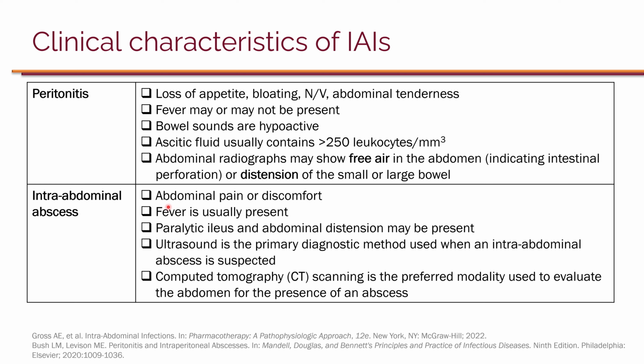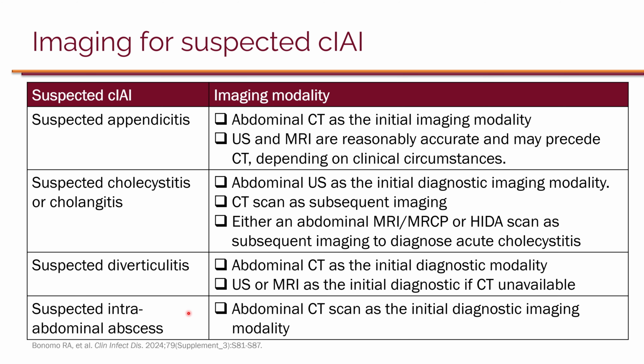But regardless, abdominal pain is pretty much what leads patients to seek help. Now, fever is usually present for these abscesses, and ultrasound is the primary diagnostic method used when intra-abdominal abscess is suspected. However, CT is also useful.